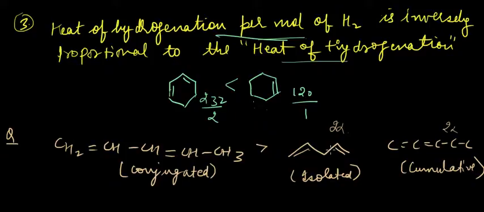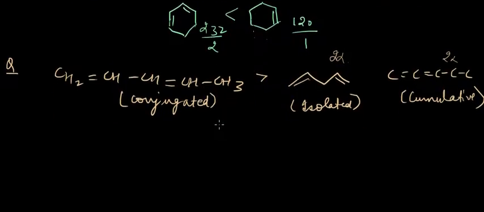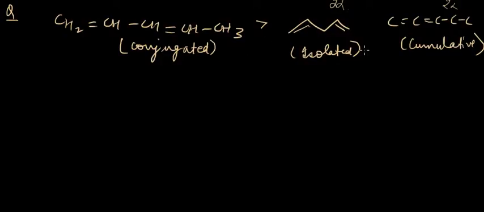So as the number of alpha hydrogens are the same, what can we tell about the stability? How do we compare the stability when the two of them have the same number of alpha hydrogens? Why not just make the hyperconjugating structure and then analyze.